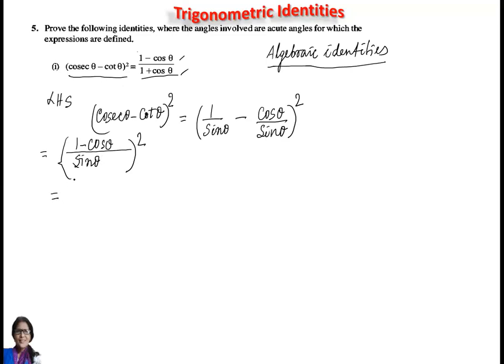Next, what I'm writing, I'm not squaring. I'm writing in this way. That means anything square is the same thing multiplied 2 times. So I'm multiplying 1 minus cos theta by 1 minus cos theta, and here also I'll multiply sine theta into sine theta.